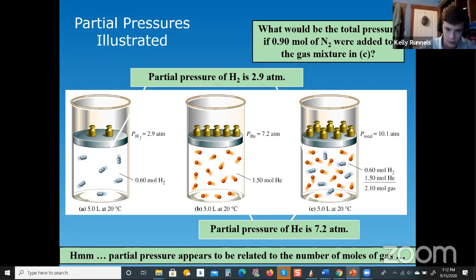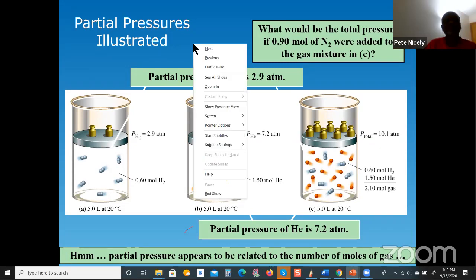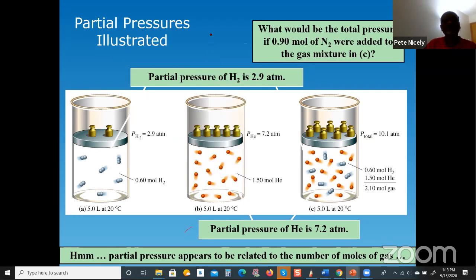Let me plug that into the equation. 3.0 times 0.0821 times, what is the temperature? 273 plus 20 is 293, all divided by the volume, which is 5.0 liters.